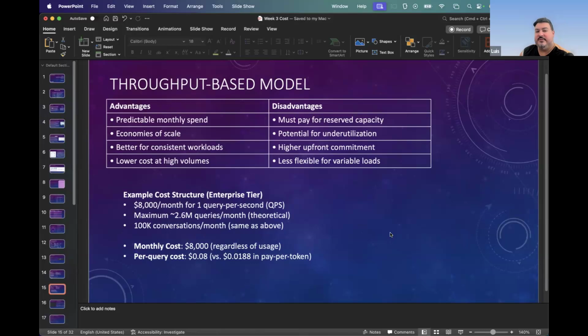Now, what's good about these throughput models is that they promise optimizations. So let's say you're doing a throughput model and you're paying $8,000 a month. You're guaranteed 1 query per second responses, and it doesn't matter how many concurrent users are using it. Your throughput model can handle maybe up to 300 or 500 users at a time.